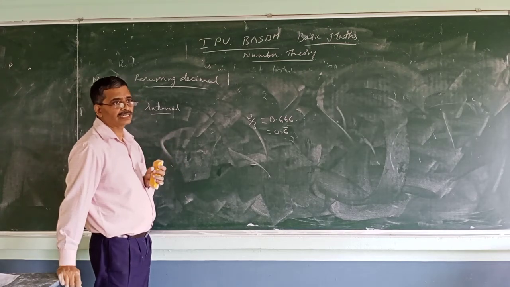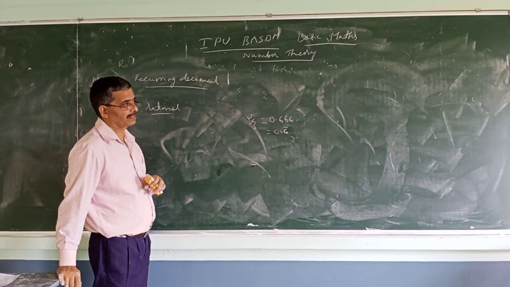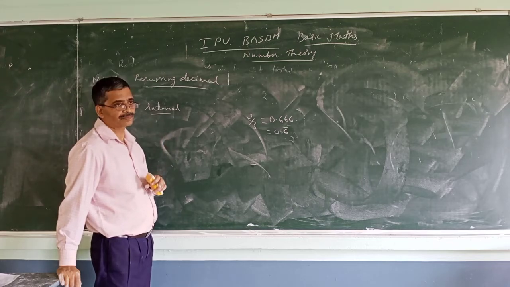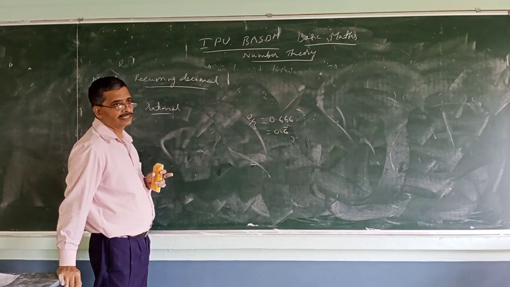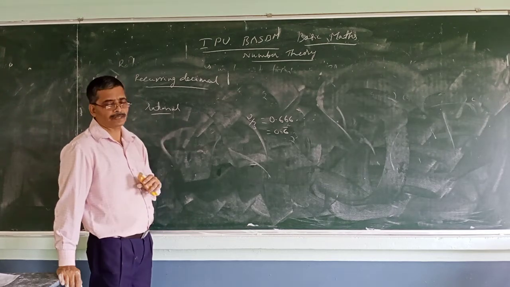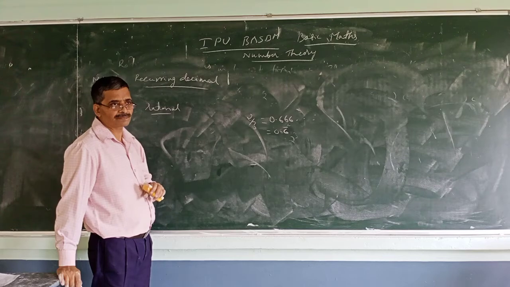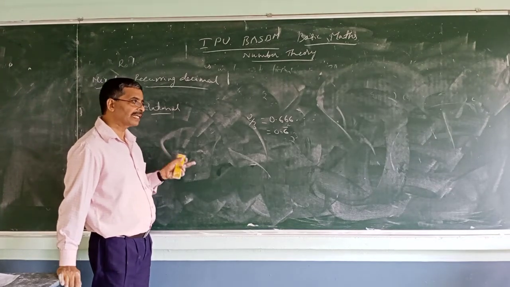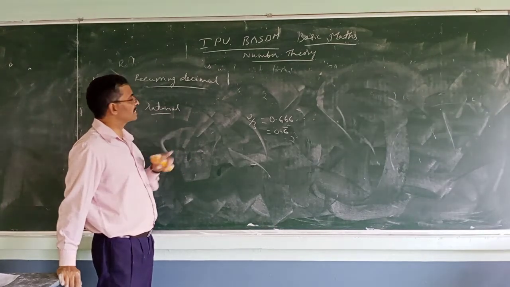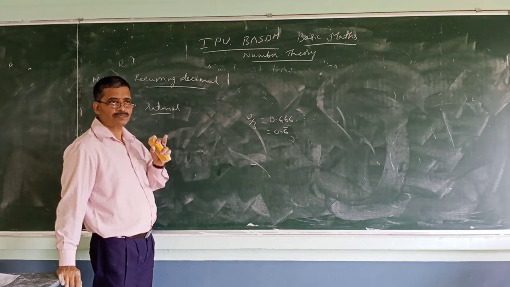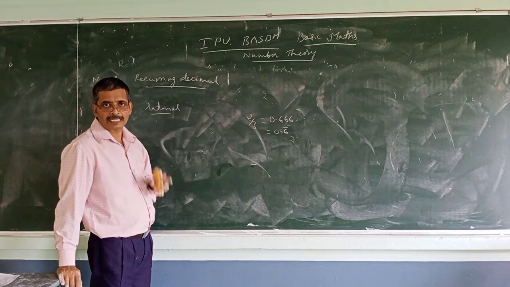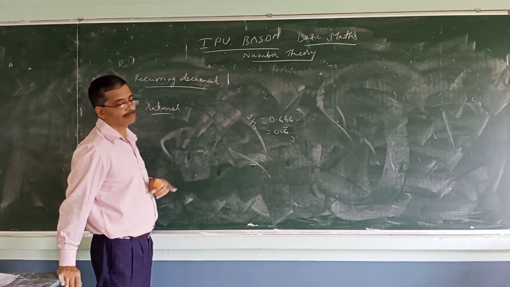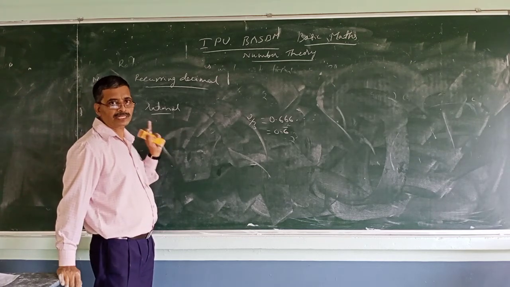Either it terminates in decimal form or it is a recurring decimal. So any rational number in decimal form either terminates or it is a recurring decimal.